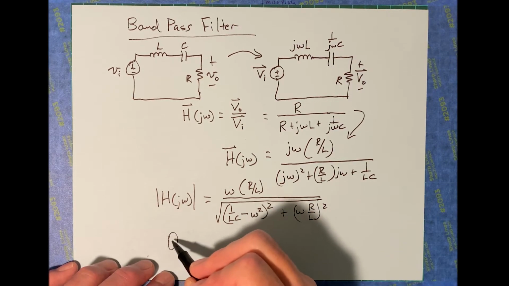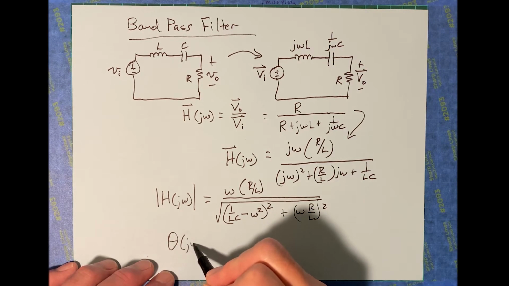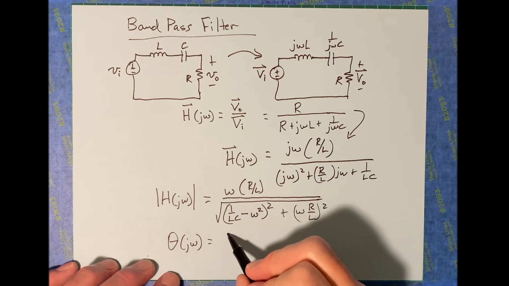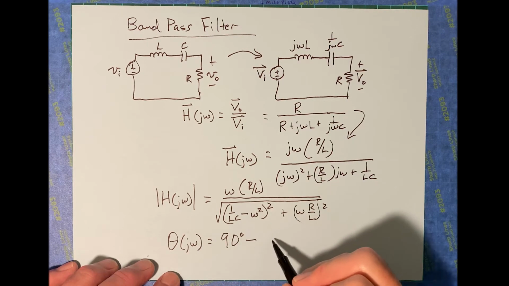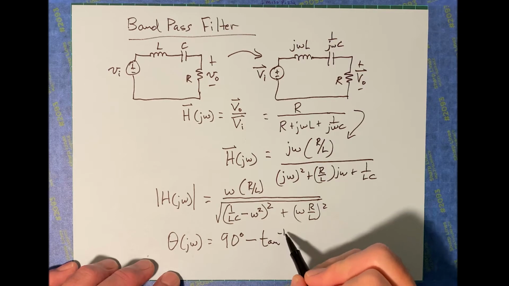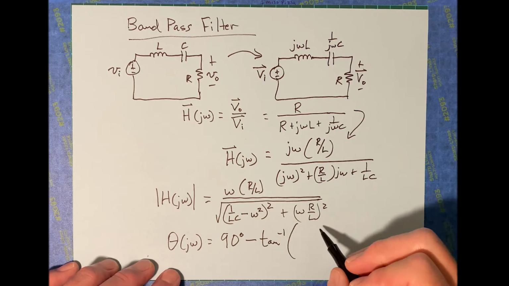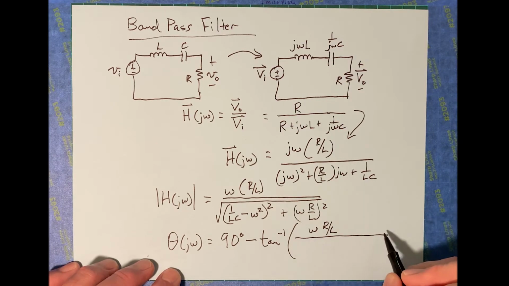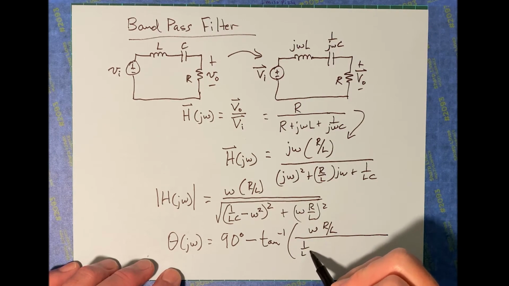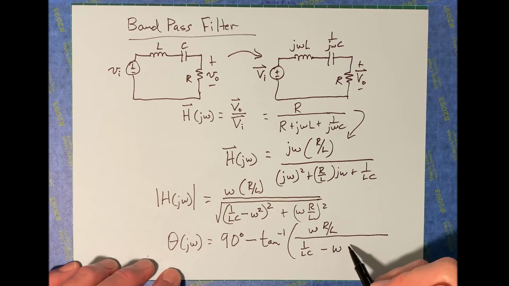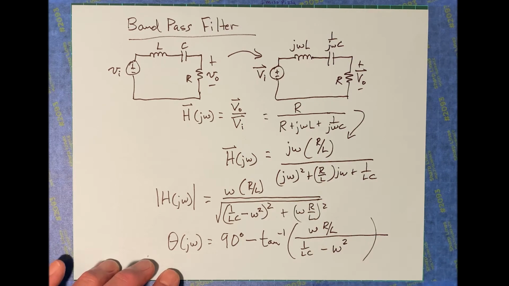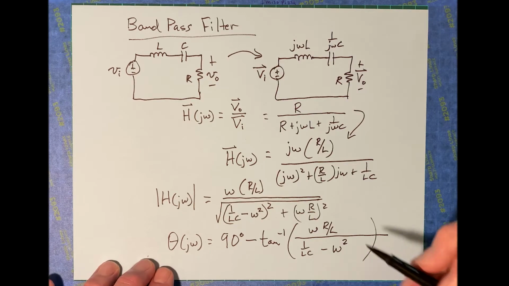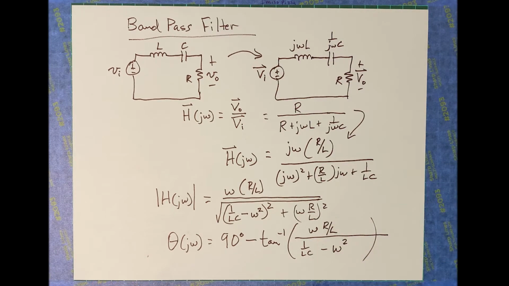Okay, and then phase angle of the transfer function is 90 degrees minus the inverse tangent of omega R over L divided by 1 over LC minus omega squared. Okay, so those are the values that you care about.